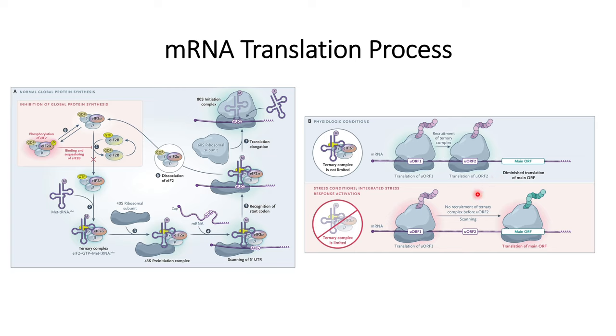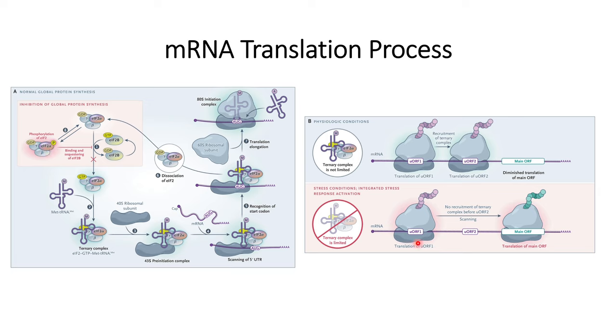However, in case of stressed condition, and we have discussed some of the stress conditions in our previous videos, epigenetic changes occur, such as in ER stress. Why does this happen? Because in case of stress condition, this ternary complex is limited, and one of the reasons is that EIF2 alpha could be phosphorylated.